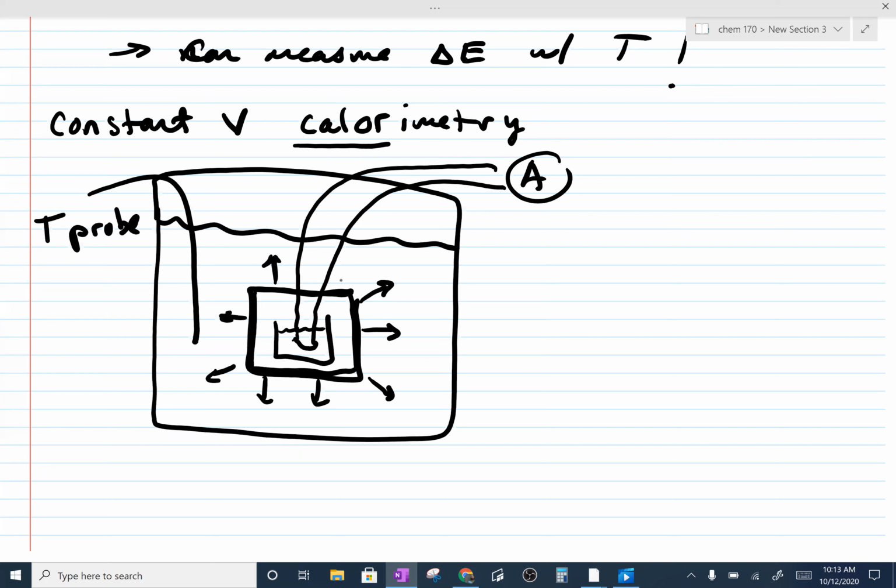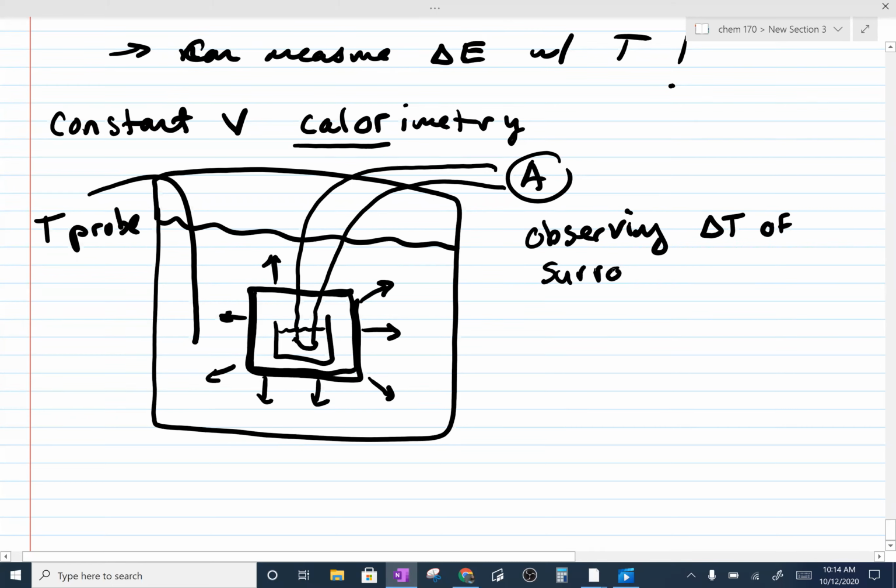We basically measure delta T in the water. So we're observing the temperature change of the surroundings, which means that the system itself is providing the Q, or the heat, in order to heat up the surroundings.